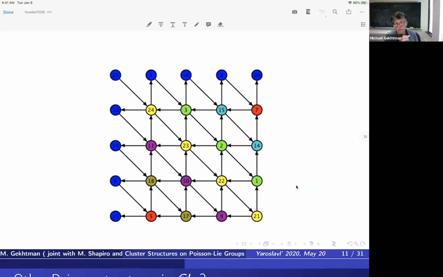Those we will never touch. They're frozen. And why are they frozen from the Poisson point of view? Because the vanishing locus of each of those minors is a Poisson submanifold in our GL5. This is how the construction will work in general, if we are lucky enough to find this code.